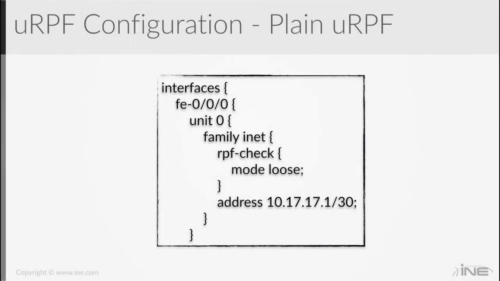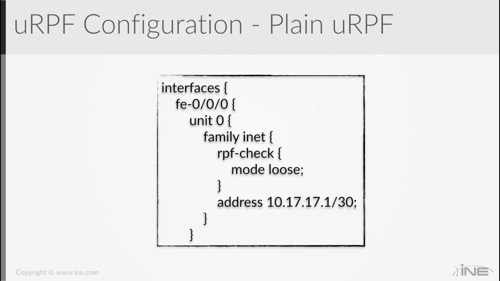Okay, before ending this lesson, I'd like to have a look at the configuration for URPF. Notice that plain URPF is configured under the interfaces, under each interface where it's going to be applied. In this snippet, it is applied under fe-0/0/0 unit 0 family inet. The way it's applied is simply putting rpf-check after family inet. Make sense?